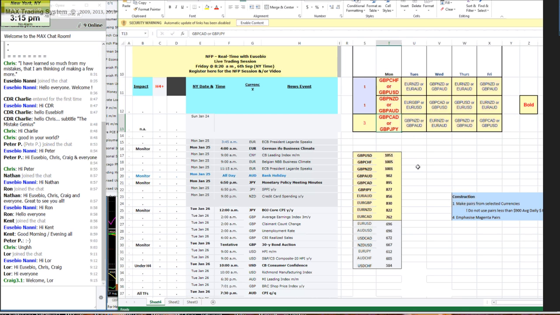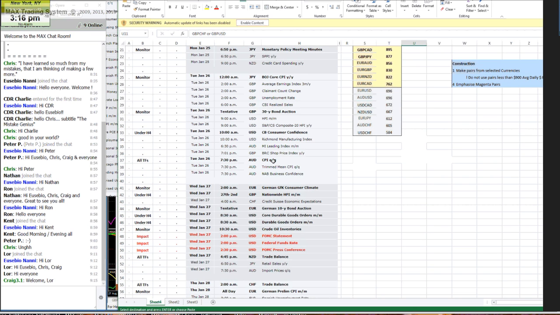Okay, on Tuesday we have the US dollar, and that's it. So we will have exactly the same choice. And on Wednesday we have Aussie, left over from Tuesday. The pound, the US, and borderline the Kiwi.